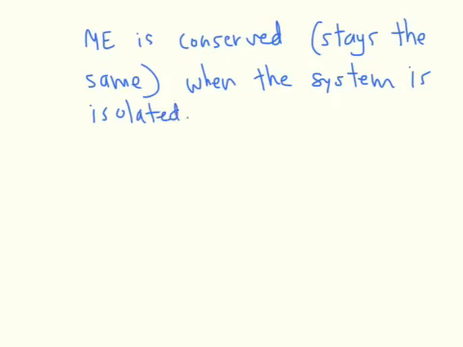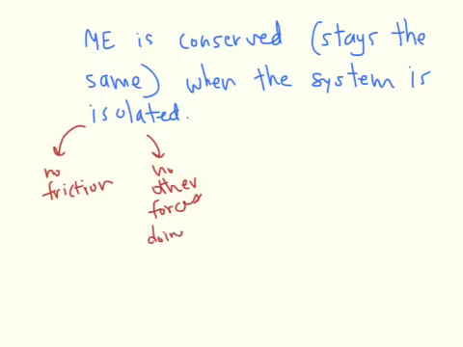Isolated means there's no friction, there's no applied force by a person acting on the system, there's no other forces doing work on the system, except for the forces that are inside the system. So it's conserved, it stays the same.